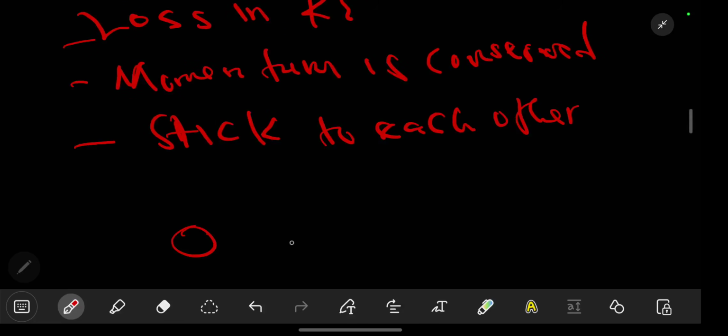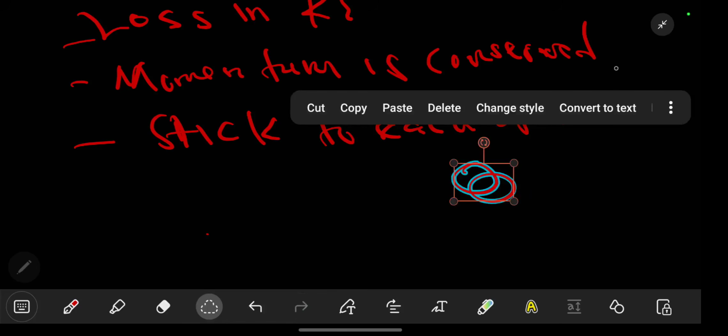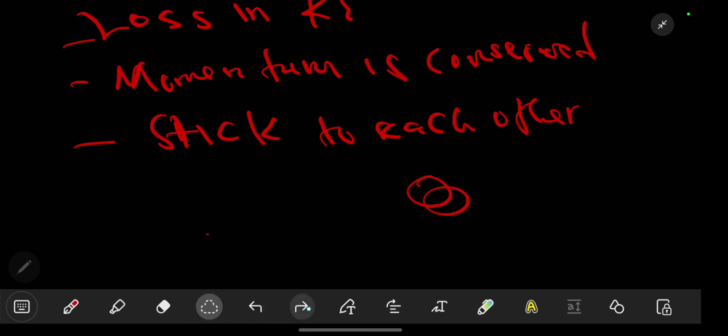Like for example, if we have this object, we have another object here. Okay, let me make them of similar size. So when these collide, this is what happens. When this moves like that, then it collides. They form one mass, and this one mass moves together like that.